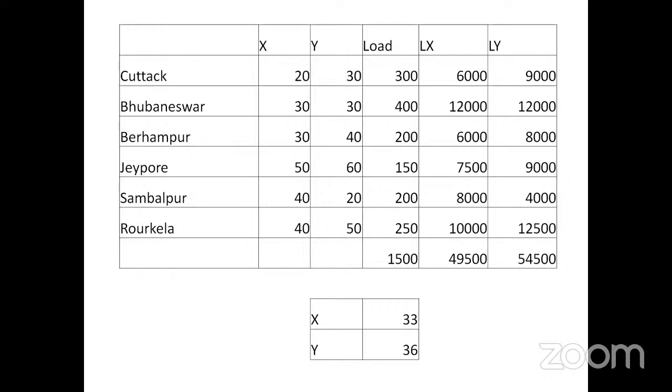So the formula, just note it down. Even if you might have read it, somebody might have forgotten. The formula for finding out the x coordinate of the center of gravity point is (a1 x1 + a2 x2 + a3 x3 + ... + an xn) divided by (a1 + a2 + a3 + ... + an).